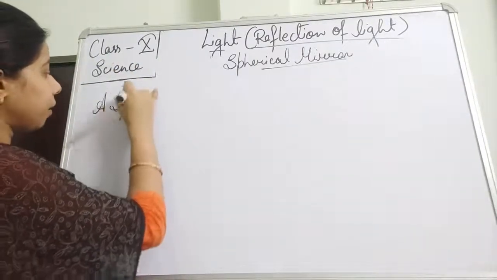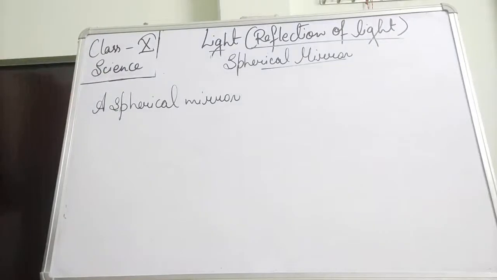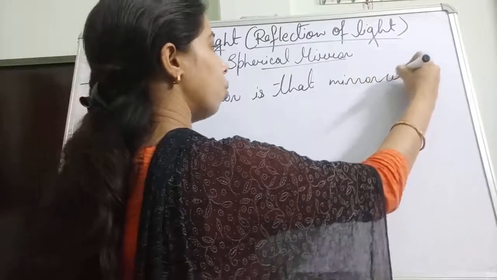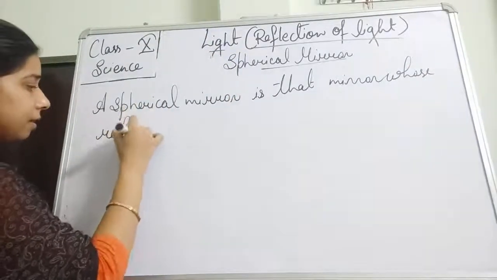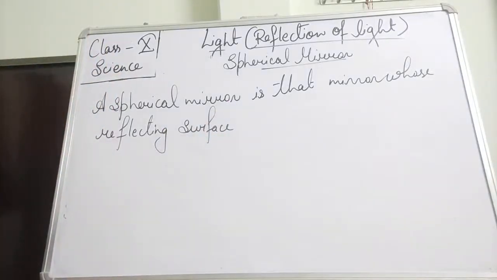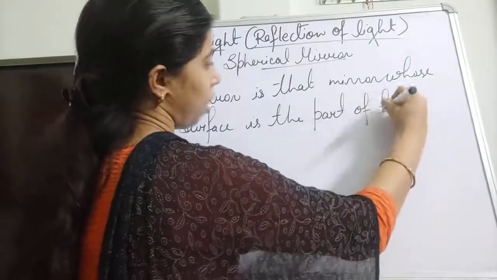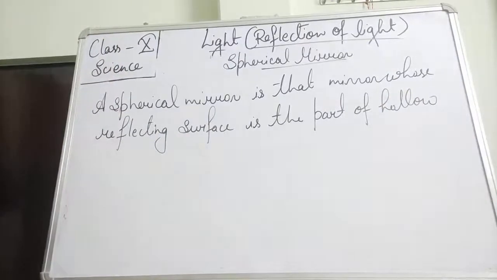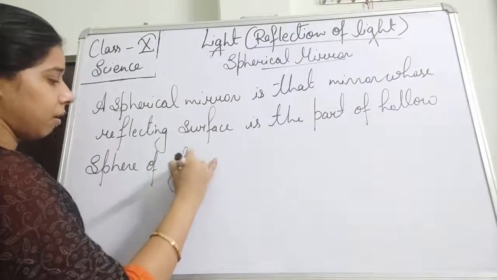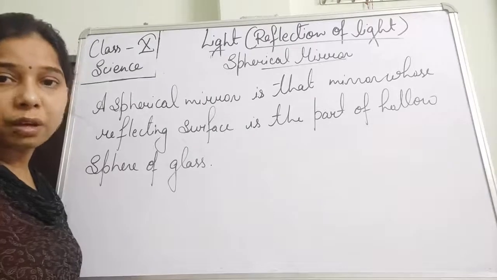A spherical mirror is that mirror whose reflecting surface is the part of a hollow sphere of glass.